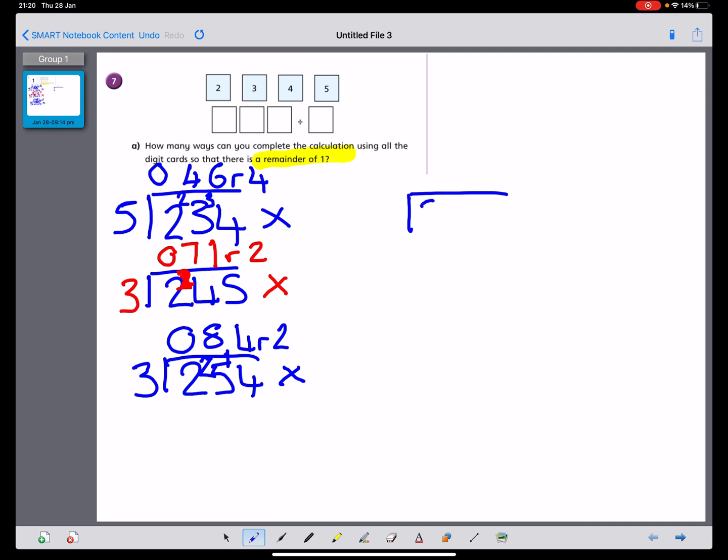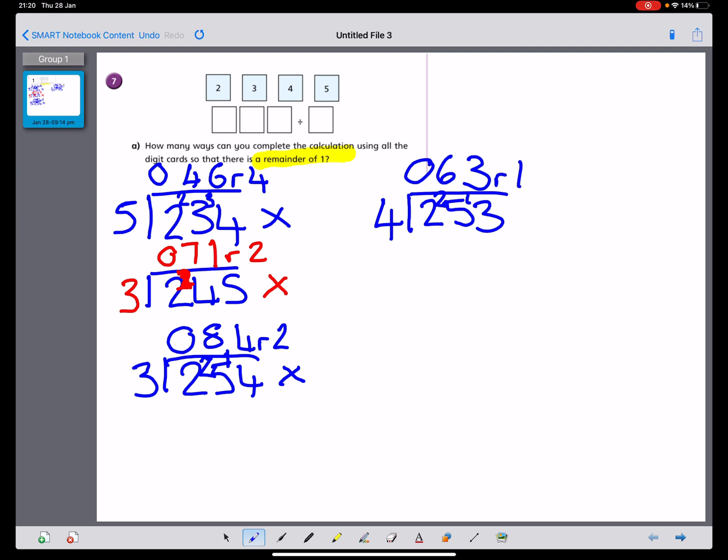Okay, my next one, I can have 2, 5, 3. That leaves me with 4 as my divisor. 4s into 2 do not go. 4s into 25 go 6 times with 1 left over. 4s into 13 go 3 times, remainder 1.